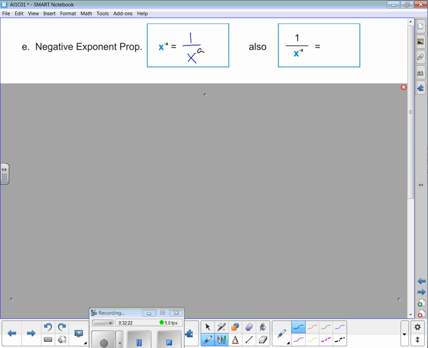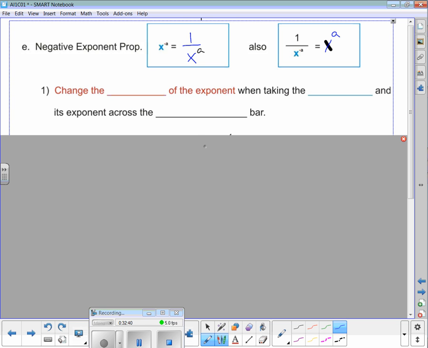On the second one, it's the flip of the rule. If you have 1 over x to the negative a, then this thing ends up being, whoa, should have been blue, x to the positive a. And here's all of this in a nutshell. Change the sign of the exponent.